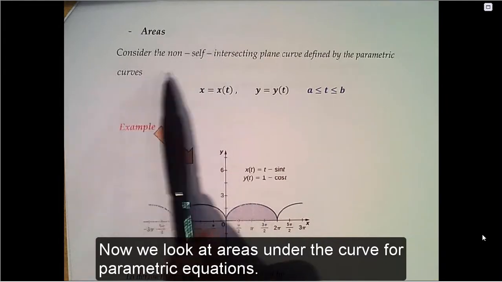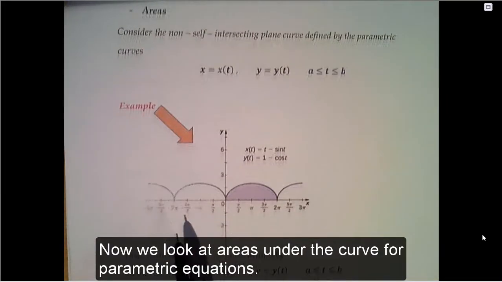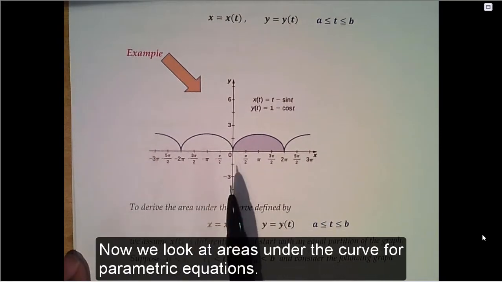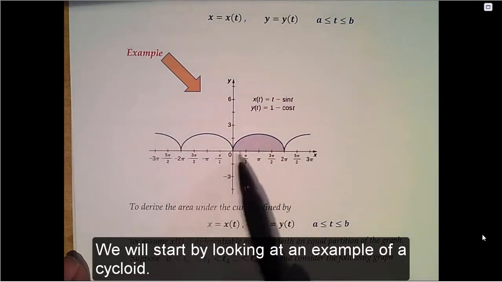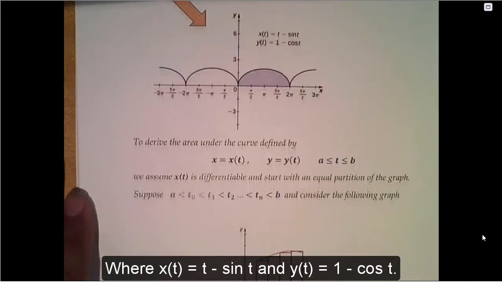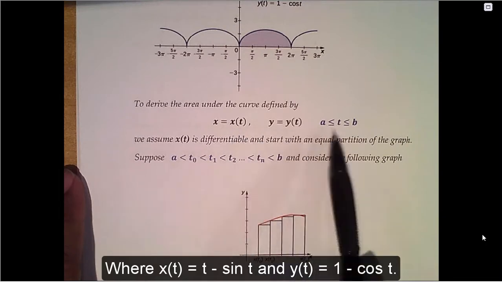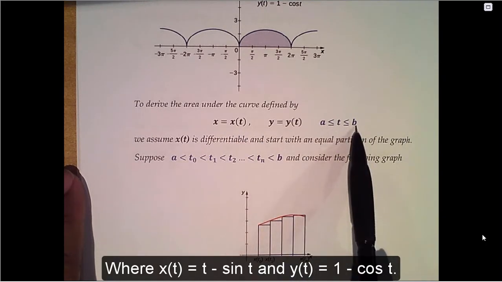Now we look at areas under the curve for parametric equations. We will start by looking at an example of a cycloid, where x of t is t minus sine of t, and y of t is 1 minus cosine of t.